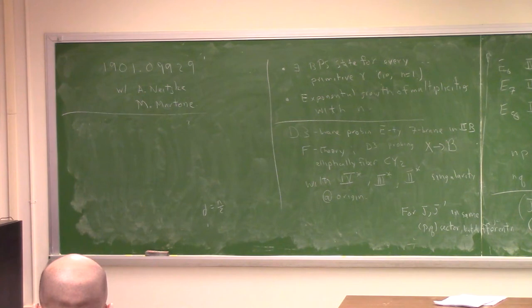After I've gone a certain distance away, it's just a single NPQ string stretched off towards the D3 brane. As long as the D3 brane is far enough away, that's going to be the situation, and then this is close enough to being the holomorphic curve that I'm counting.